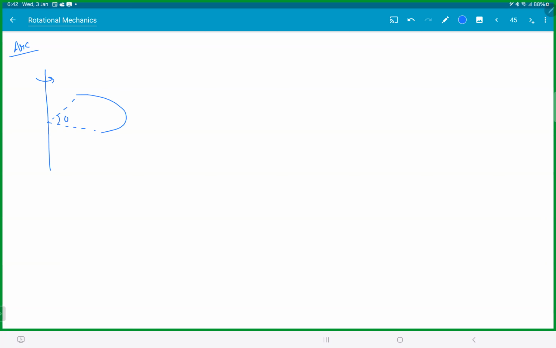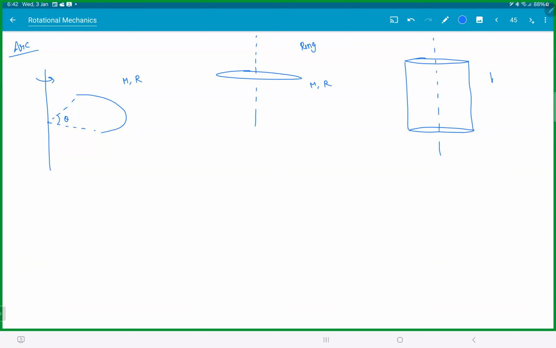This is the arc. Theta, mass, and radius. What is the moment of inertia? Ring, mass, and radius are given. Hollow cylinder, mass, and radius are given.